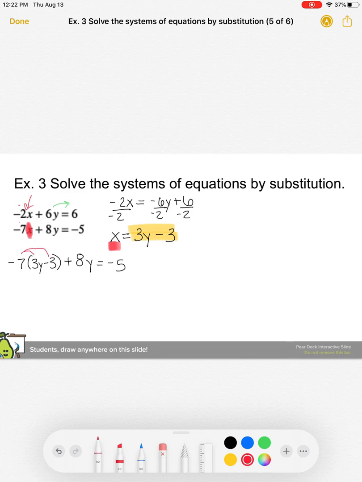Do our distributive property. And get negative 21y plus 21. Hopefully you guys realized why I changed that to a plus sign, because a negative times negative makes positive there. We'll go ahead and combine our like terms.